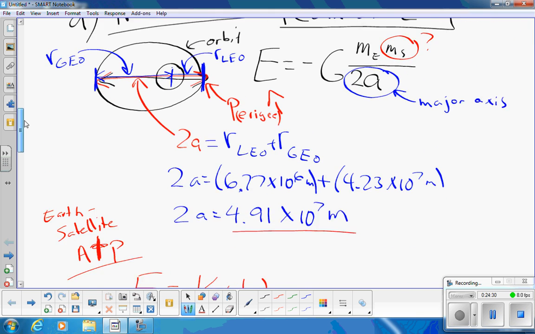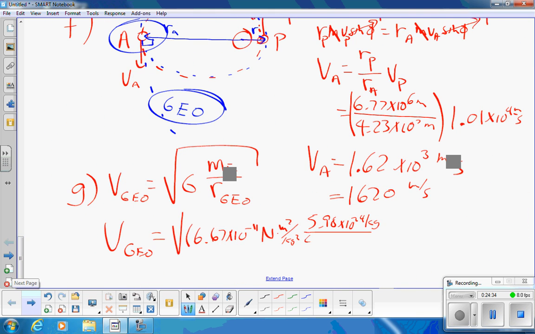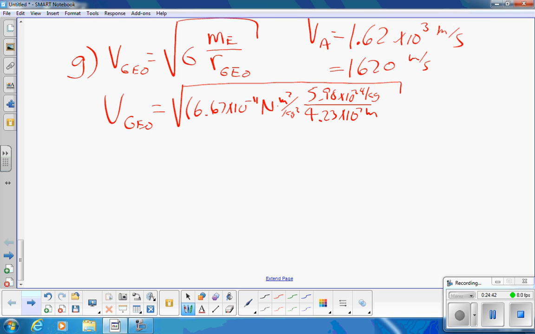Yeah, that's right. So I'm going to do that calculation. And I get 3,071, basically 3,070 meters per second.